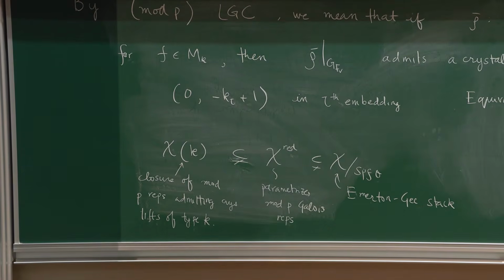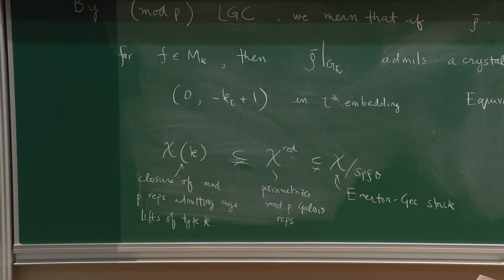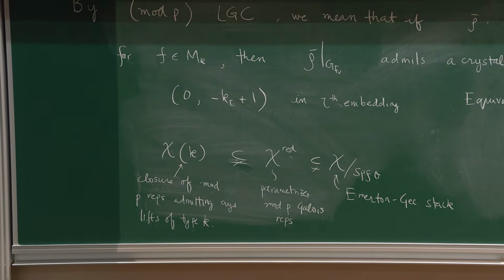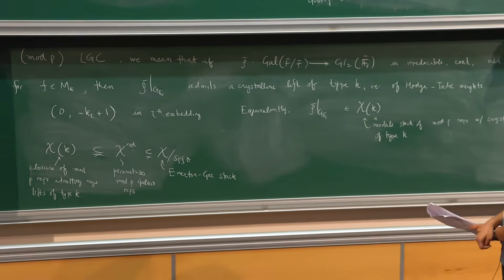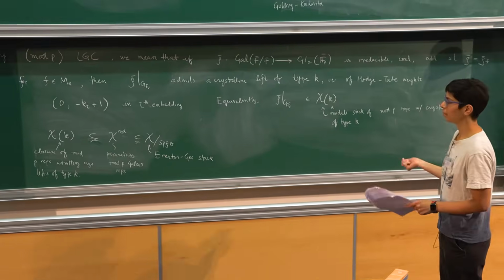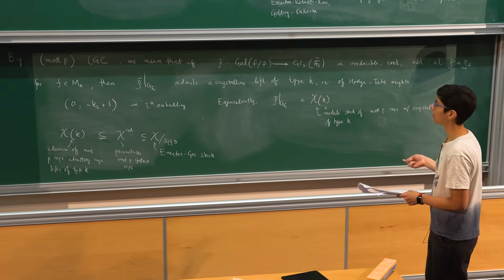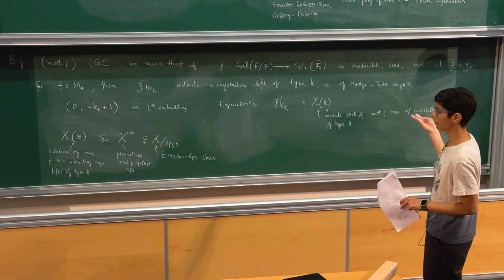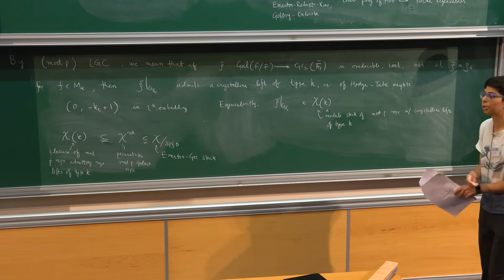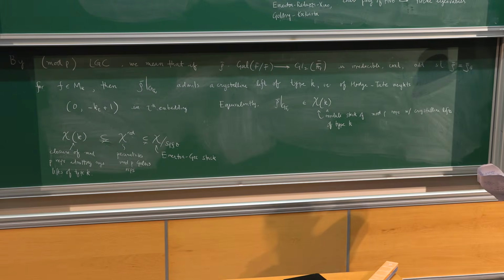Yeah. All right. So is the inverse expected to be true, like if I have the... That's a wonderful question. So that would be a much stronger local global compatibility statement. I was going to say something about it in a bit, but one important significance of a strong local global compatibility statement would be applications to Calegari-Geraghty's approach to modularity lifting.